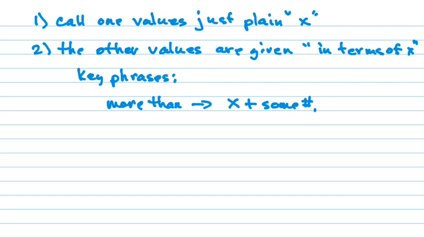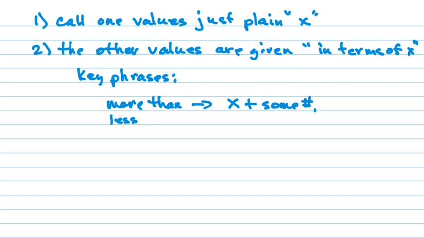So, for example, if we're talking about Krisha and her sister, her sister is 3 years older than her. Well, then Krisha is X. Her sister has 3 more years than her, right? So that would be X plus 3. Now, it's always X plus some number, not just plus 3, but X plus some number. Notice the X part always comes first.